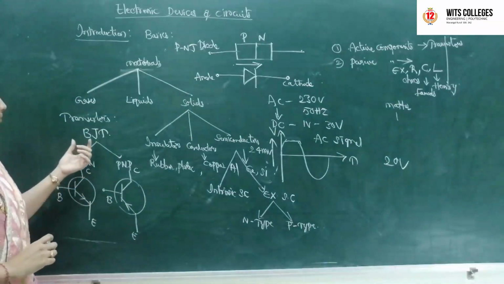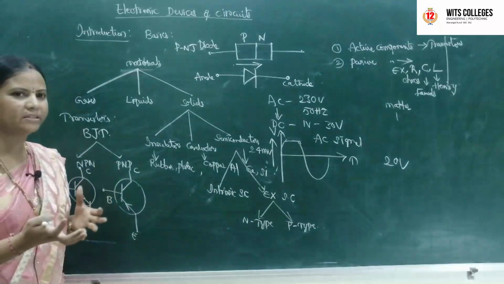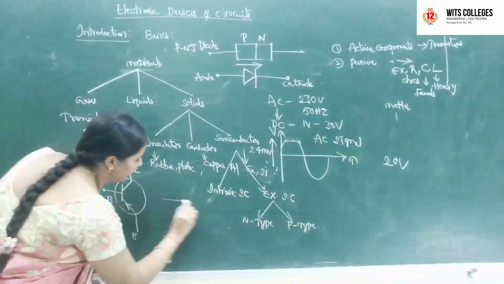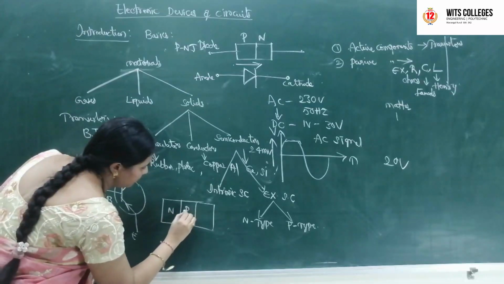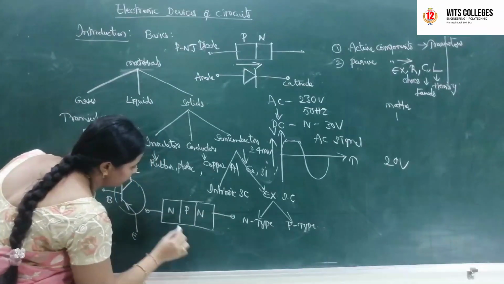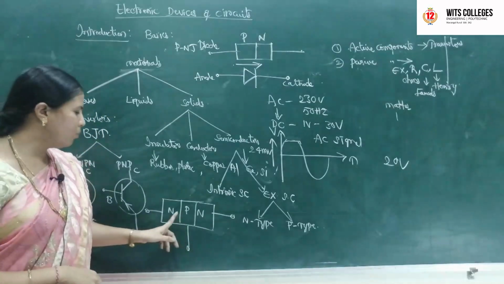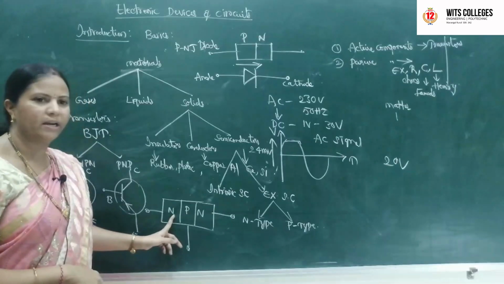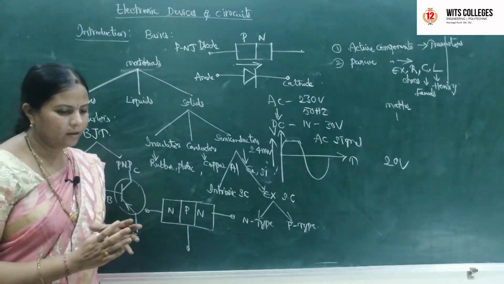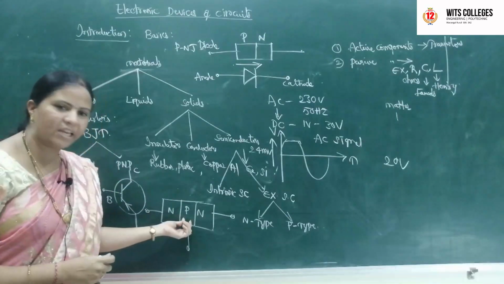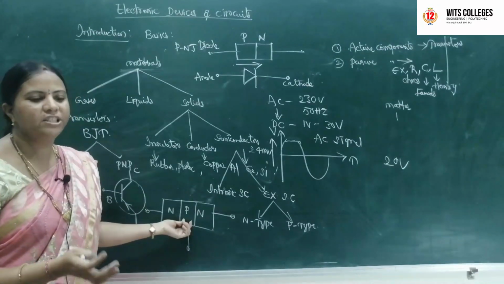So how do we form the PNP transistor and NPN transistor? PNP transistor, NPN transistor ela construct chestar. If you take one NPN transistor, it is having 3 terminals. If you take P-type semiconductor material, and on both sides you add N-type semiconductor material, it will form the NPN transistor. This is nothing but a silicon crystal, a semiconductor material. Either you can take silicon crystal or germanium crystal.